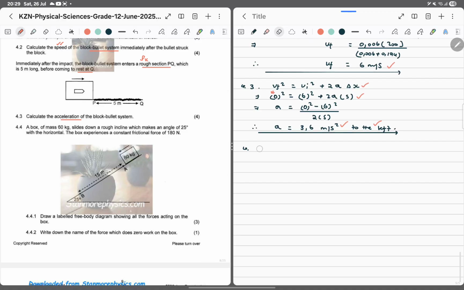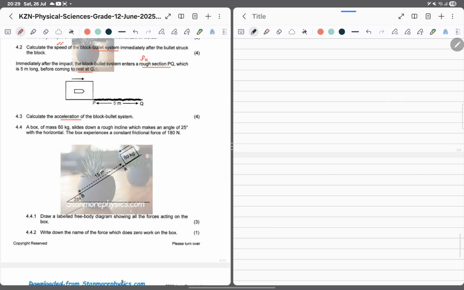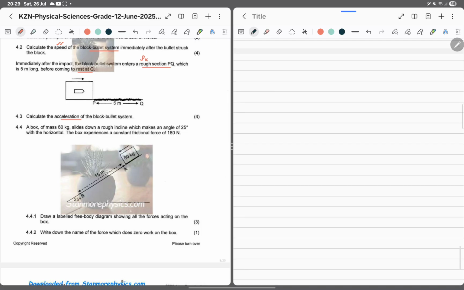You might as well just answer this separately. Okay. So a box of mass 60 kilograms slides down a rough incline. Again, there's going to be kinetic friction, which makes an angle of 25 degrees with the horizontal. Okay, it's indicated. The box experiences a constant frictional force of 180 newtons.